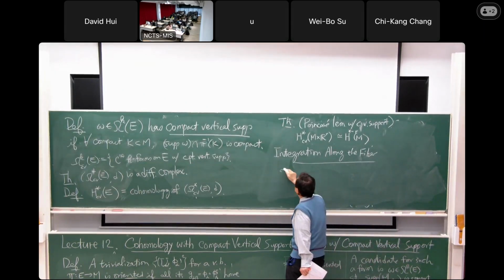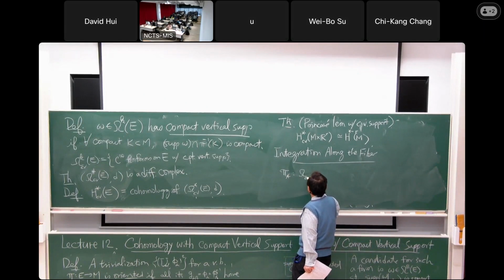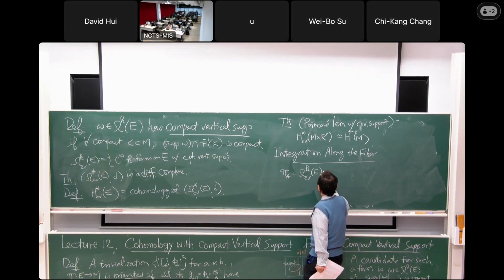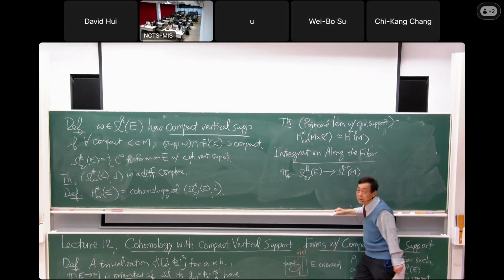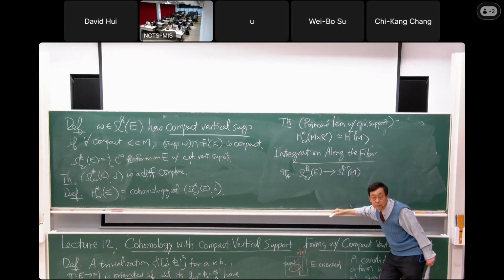I want to define a map that goes from K forms with compact support on E to K minus R forms on M, by integrating over the fiber.